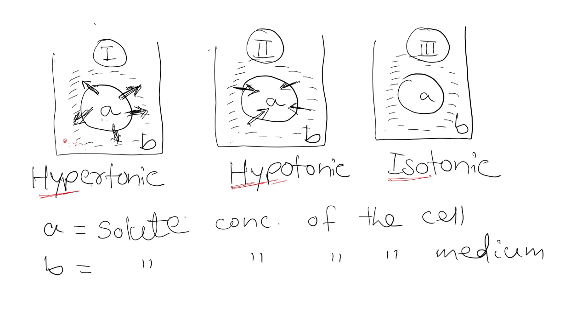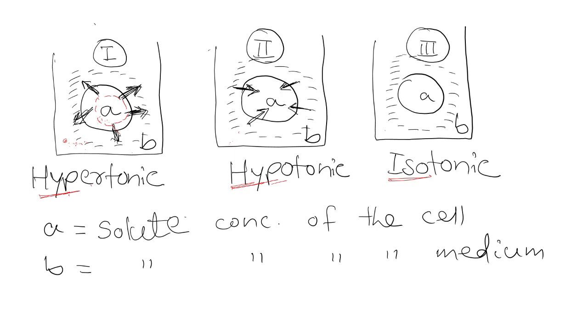As there is a concentration difference between inside the cell and outside the cell, to make it balance, the solvent or the water will come out of the cell. So in a hypertonic solution, the water will come out of the cell through the process of osmosis, and the cell will shrink. Here the cell will shrink in a hypertonic medium.